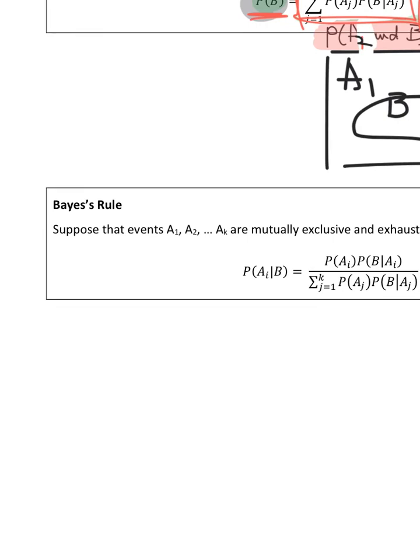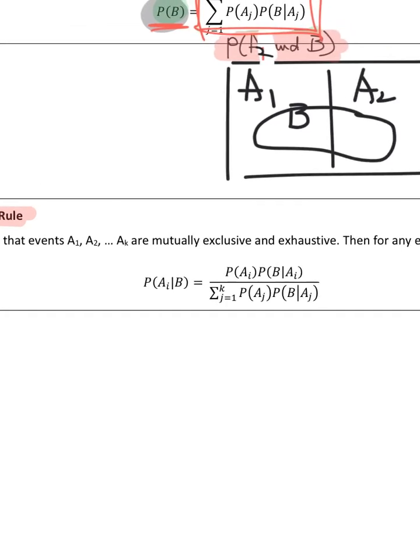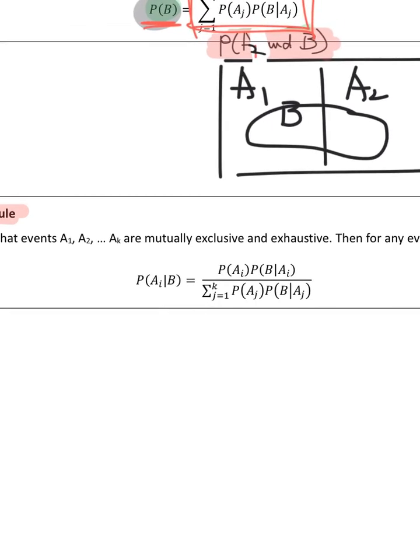Now, Bayes' rule. Look at this. It's the worst one. But still, the A's are mutually exclusive and exhaustive, so we are going to use the Venn diagram again.